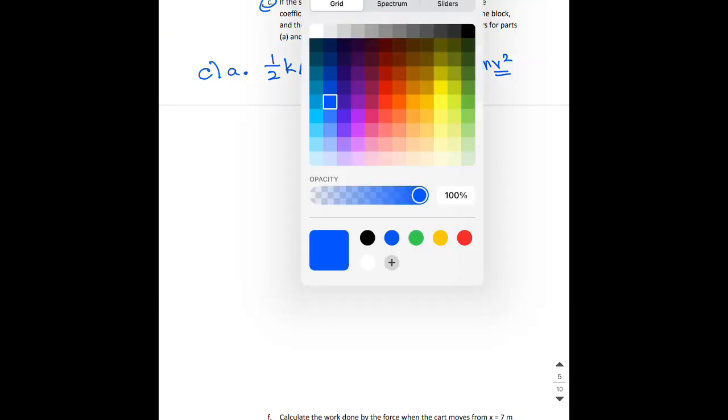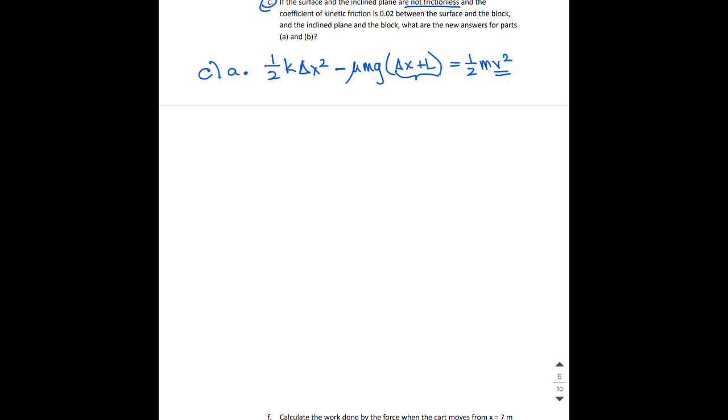So I'm just going to plug in the values. I have 1/2, that's 0.5, times 100 k times 0.2, which is my delta x, squared, minus 0.02 times 0.5 times my gravity of 9.8. Delta x and L is 0.7 if you add them together. And then I've got here 0.5 times mass of 0.5, and that's easy because that gives me 0.25.